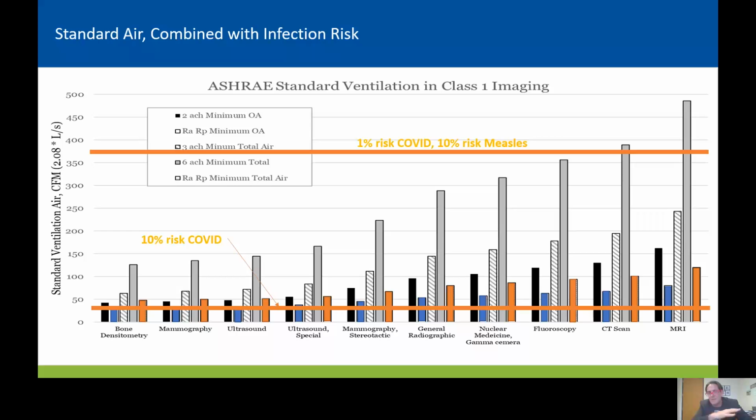For any of the spaces that we're doing, we're always going to meet that 10% risk threshold. Very few of these spaces, in fact only the two largest spaces, would ever meet that higher threshold. So unless we're planning on jacking up our ventilation standard quite a bit, I think we should accept that this roughly 40 CFM level as a minimum is probably the right place, and that's where we're at in all cases.